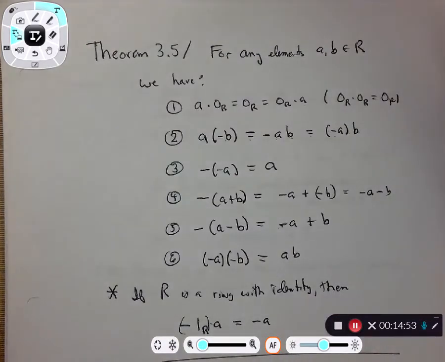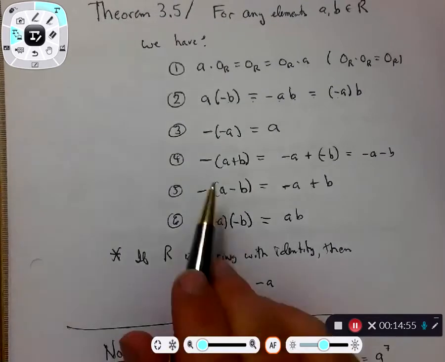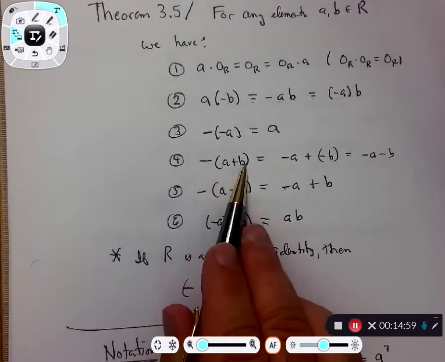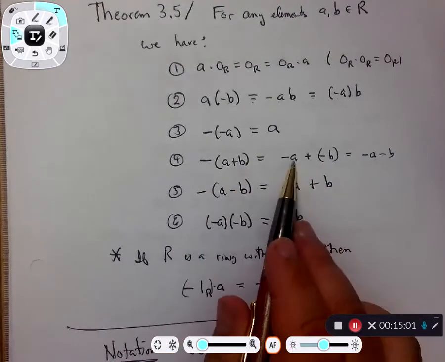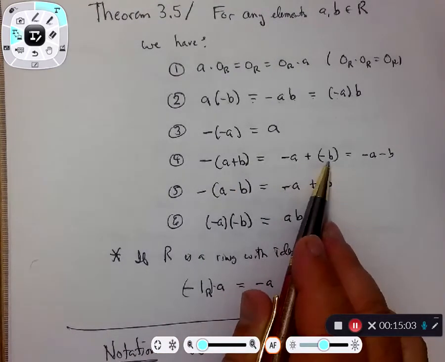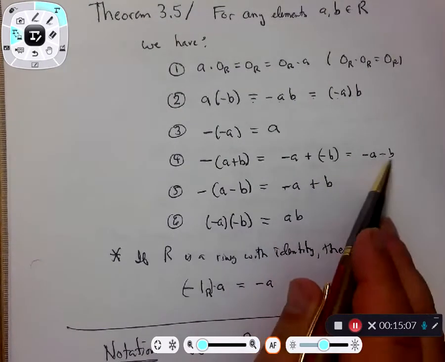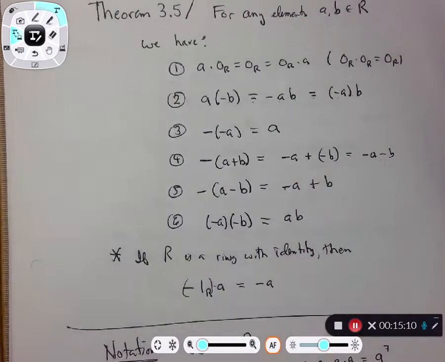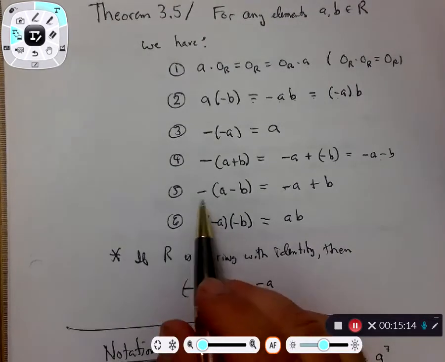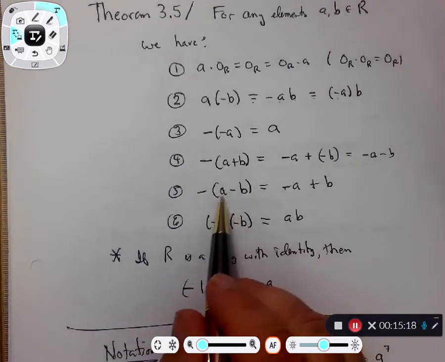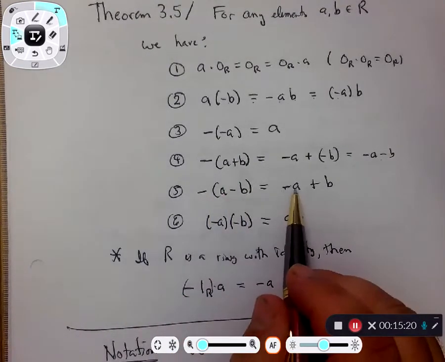Here's the next one: the additive inverse of A plus B. The negative of A plus B is negative A plus negative B. And that's the same thing as negative A minus B, as we define minus as adding the negative. Similarly, the additive inverse of A minus B, when you distribute that additive inverse, you get negative A plus B.